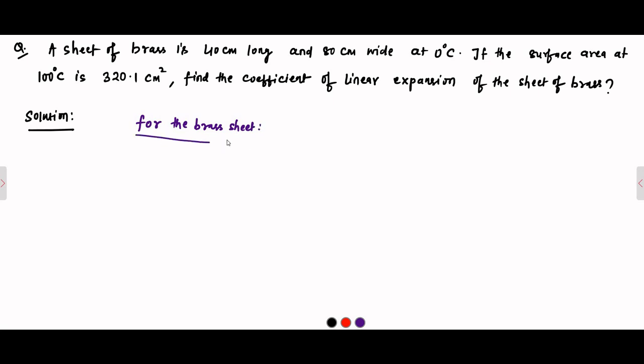The initial length is 40 centimeter and initial width is equal to 80 centimeter. So the initial area, length times width, is equal to 320 centimeter square, the initial surface area of the brass sheet. Initial temperature is equal to 0 degree Celsius.